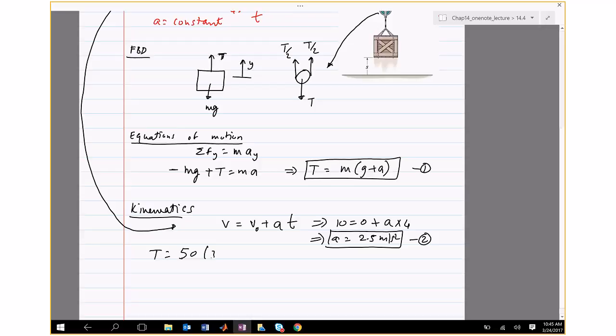So 32.2 plus 2.5. The units are feet per second squared. So this comes out to be 867. Okay, I get 434.